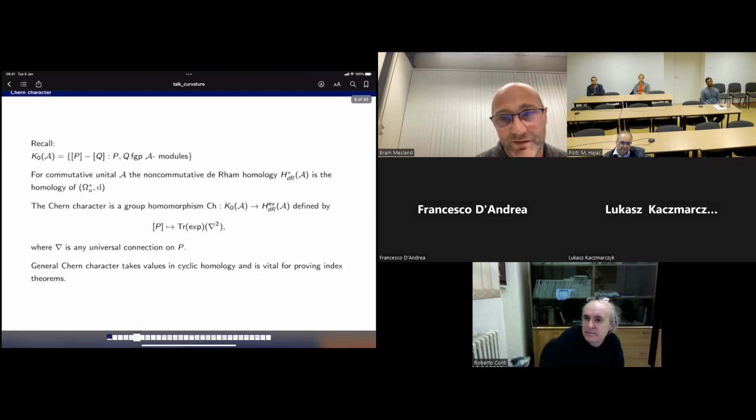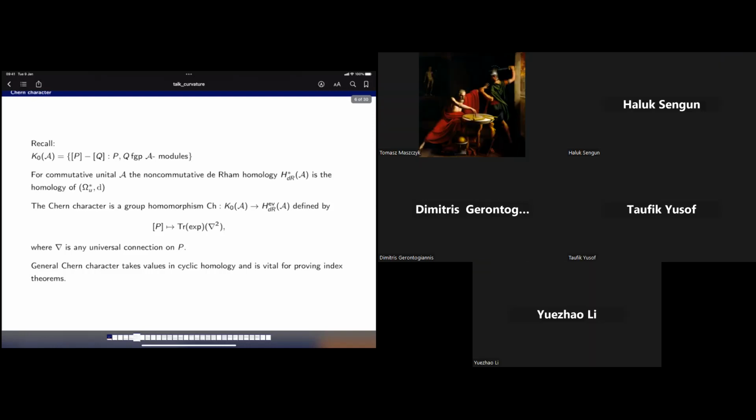And then this non-commutative de Rham homology is the homology of the universal differential graded algebra. And the Chern character can then be defined by this Chern-Weil type formula, where you take the trace of the exponential of the curvature. And then you show that on the level of equivalence classes, this does not depend on the choice of connection.